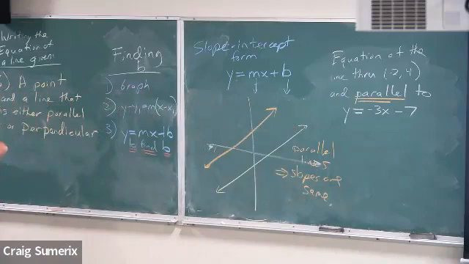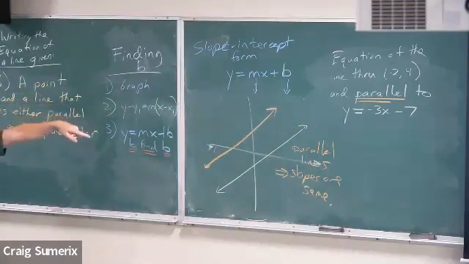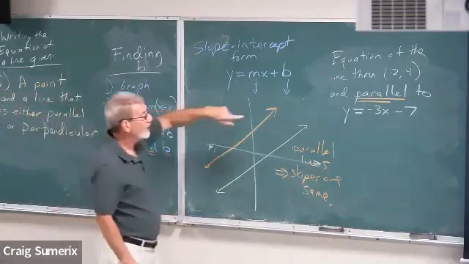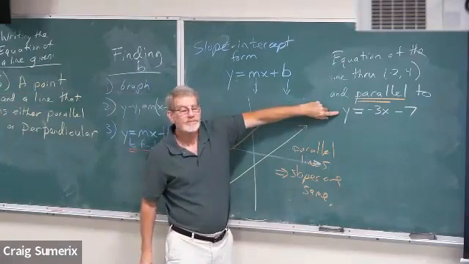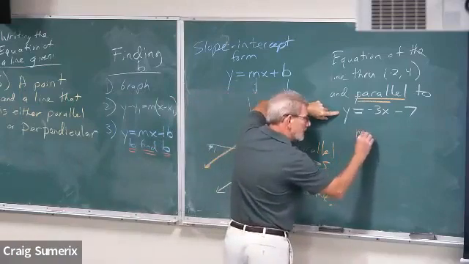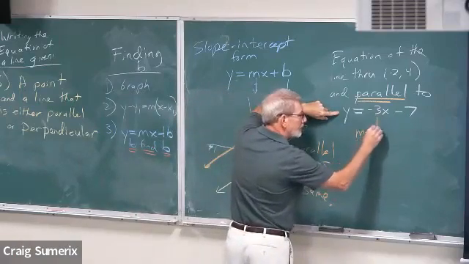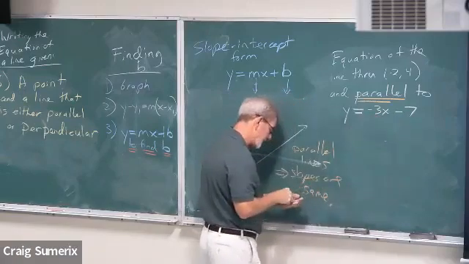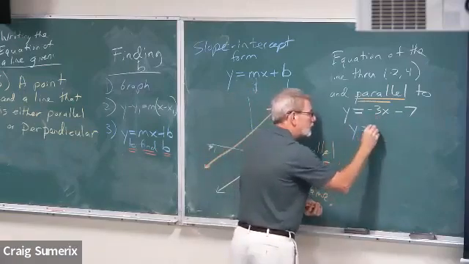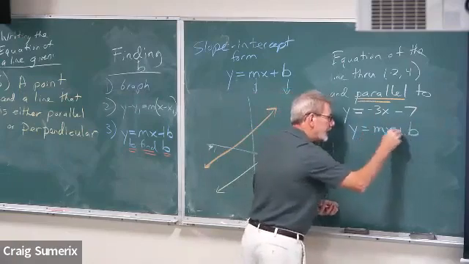Well, before we find b, we generally had to find m. That was helpful, wasn't it? Can you find m? What is the slope of this line? y equals mx plus b.